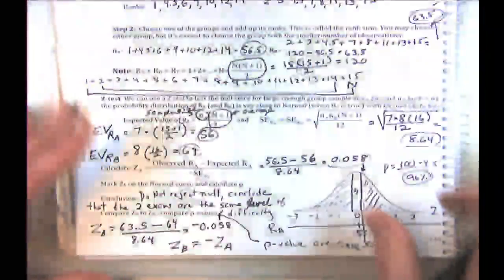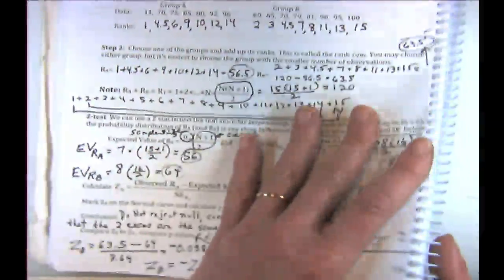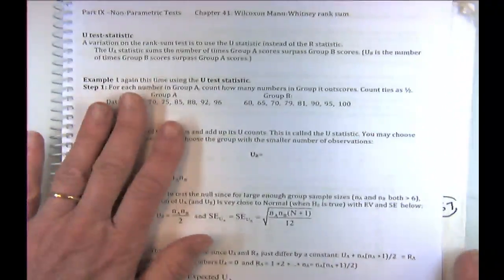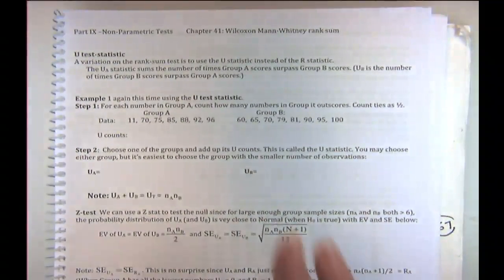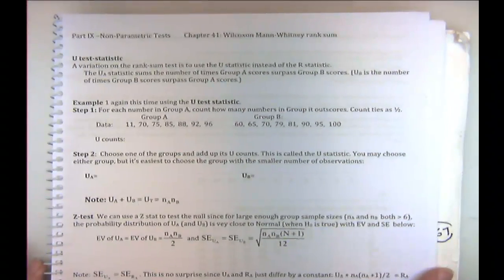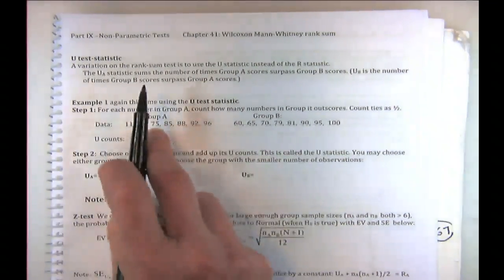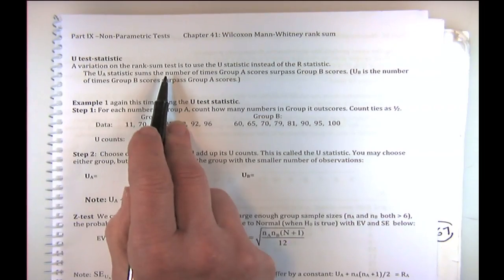Now that you've seen this, I'm going to show you another statistic that's equivalent to the rank sum, but is used a lot. For one thing, there are handy tables for it, and it's called the U statistic. It's a variation on the rank sum test.